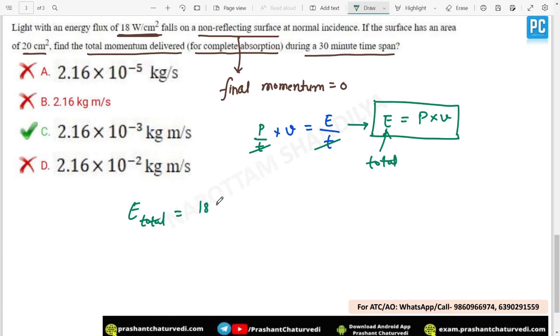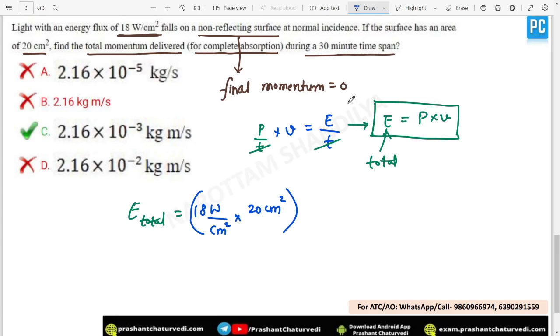I could simply write all the units also, then it will be more feasible for you. This is 18 watt per centimeter square into 20 centimeter square. This is the power consumption per second inside the whole surface.